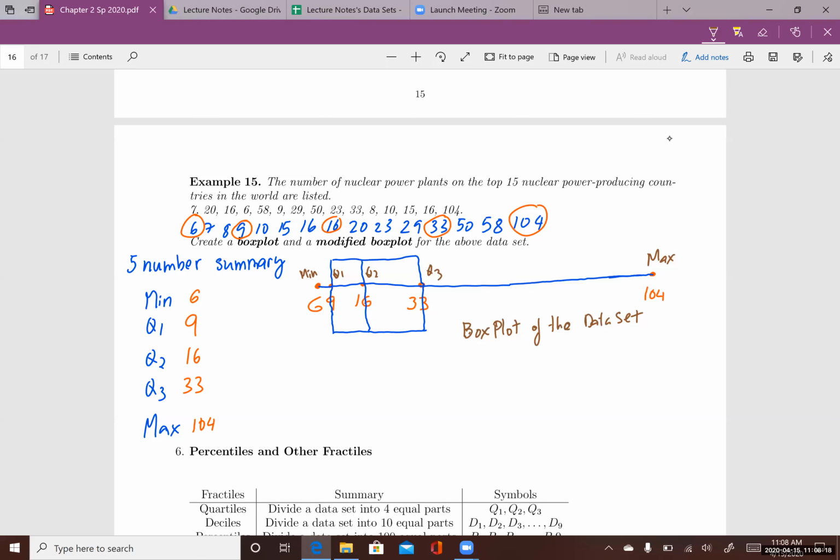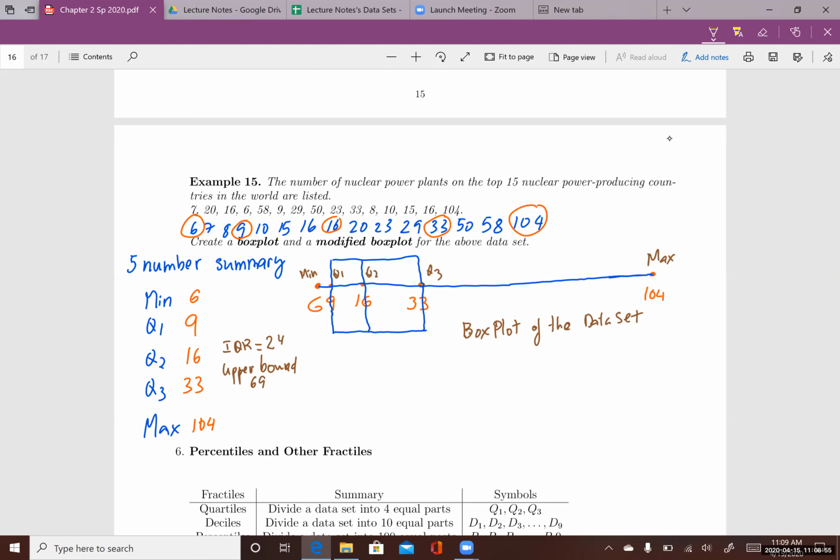Now, how can we make the modified box plot? Again, modified box plots highlight the outliers. That means we need to find outliers. Is there any outlier here? We can try. IQR equals 33 minus 9, which is 24. The upper bound is 33 plus 1.5 times 24, which is 69.